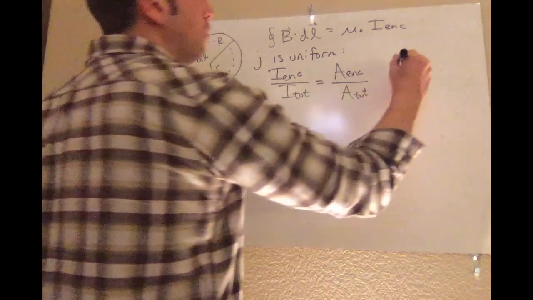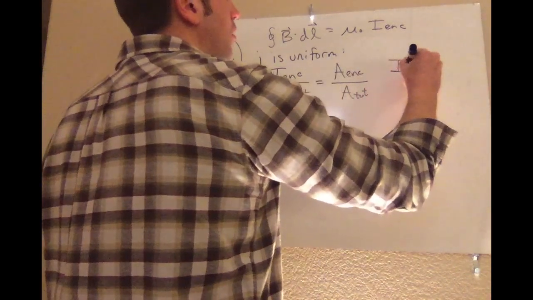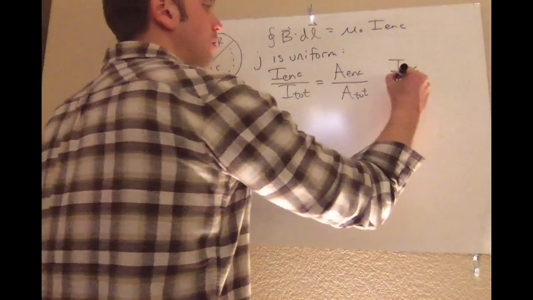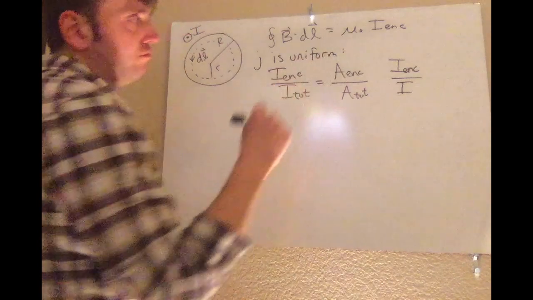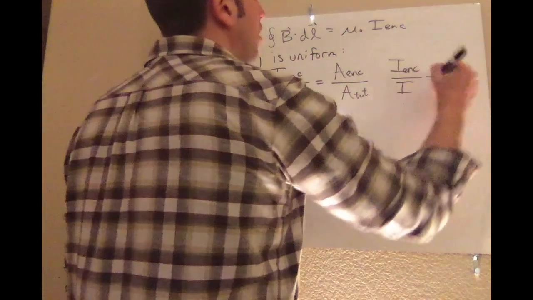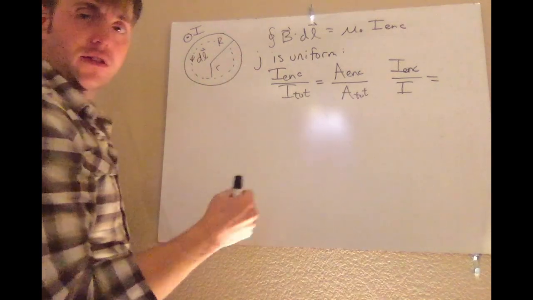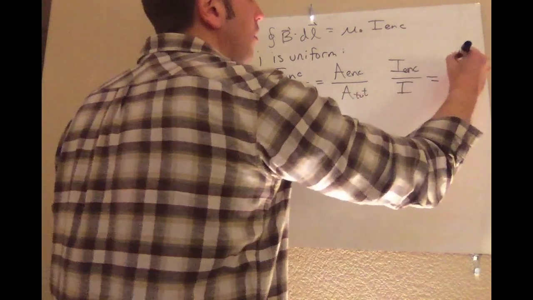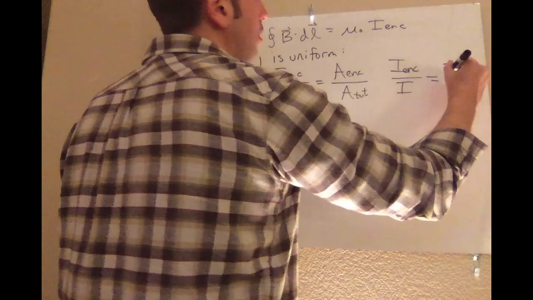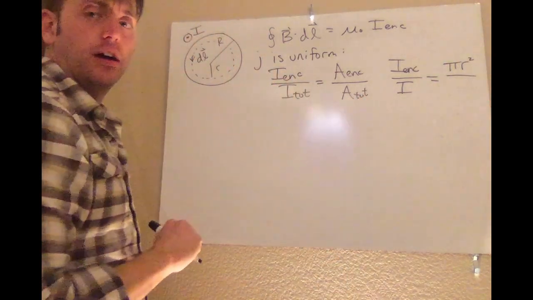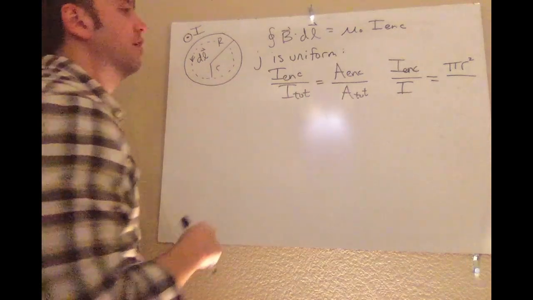Okay, so I enclosed is something we want to solve for, so let's leave that right here. I total, well, that's just I, and the area we're enclosing is a circular area where the radius is lowercase r. So we have pi times little r squared up here. A total is the area of this entire wire. That's the full cross-sectional area of it.